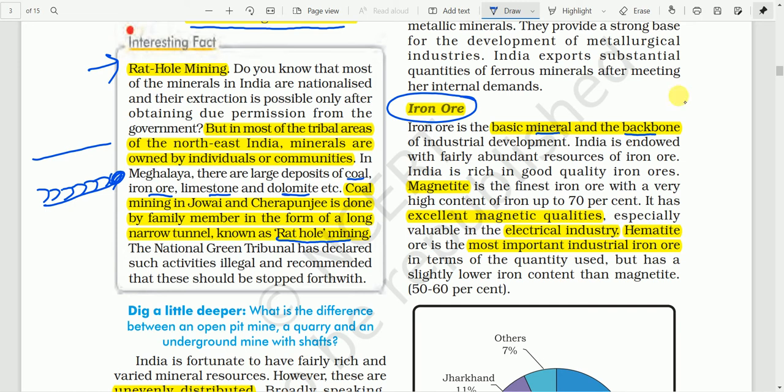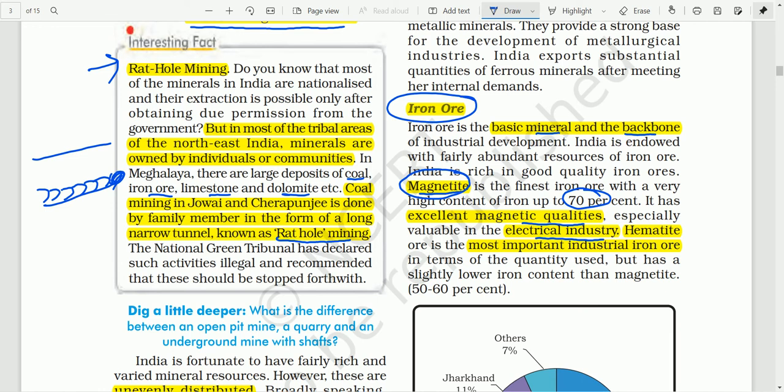For example, magnetite. This is the finest iron ore with a very high iron content of up to 70%. So magnetite is the best quality iron ore. It has excellent magnetic qualities, especially valuable in the electrical industry.